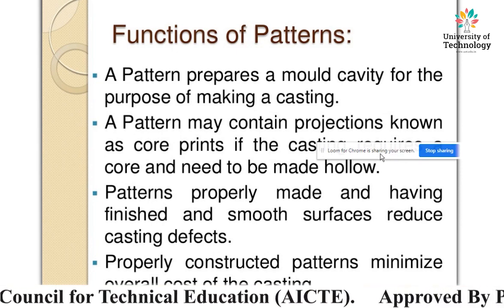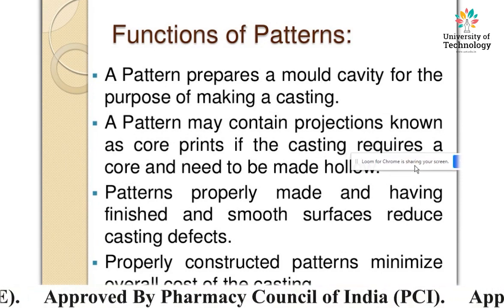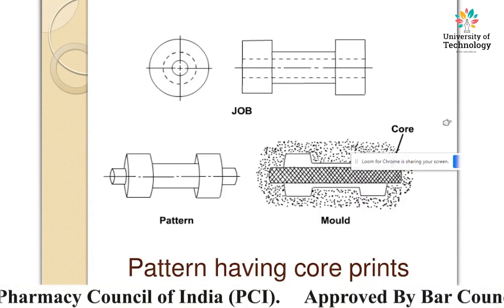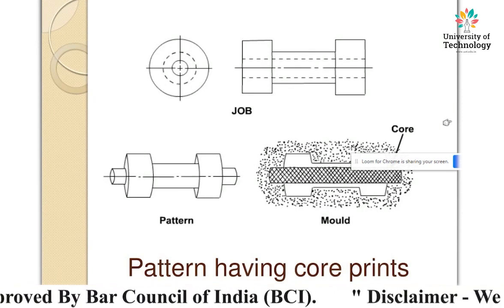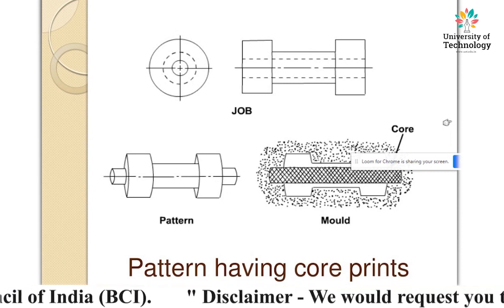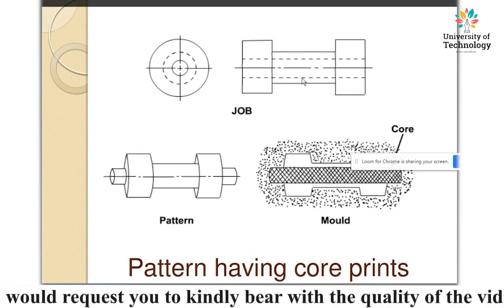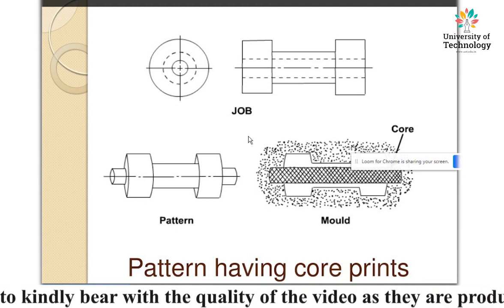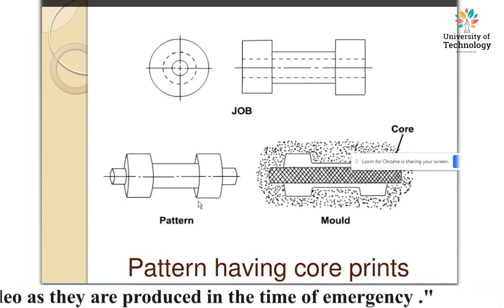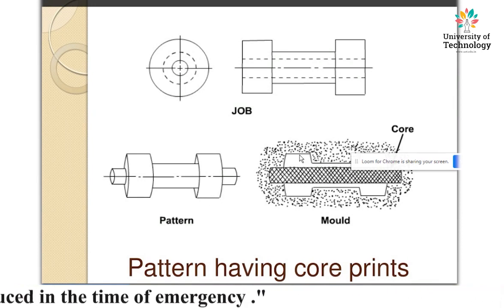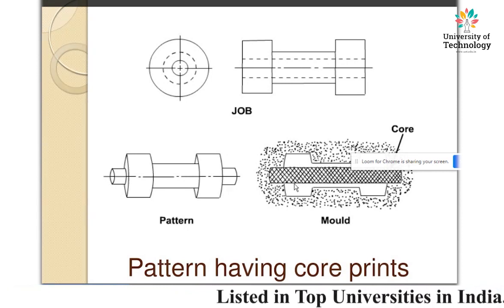The functions of the patterns are in the slide. And the basic figure or drawing of the pattern you can see in this slide, like that job. It is prepared for casting, and that type of pattern is inserted in the mold box and generates a cavity to fill with molten metal.